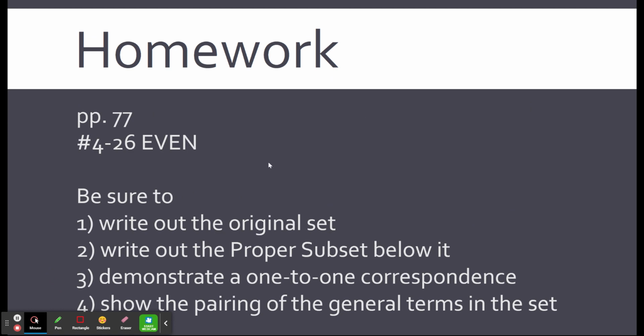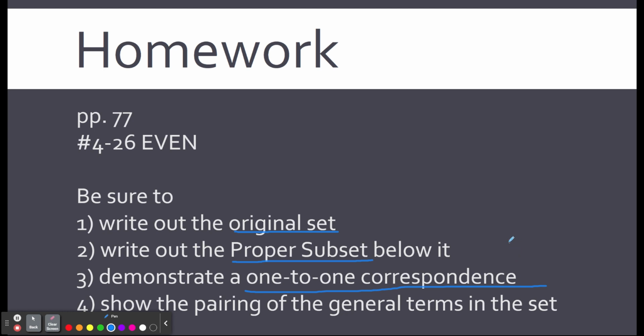That's pretty much it. If you want to read through a couple more examples, you're welcome to do so, but the homework is a one-pager. It's only a handful, but in order to get full credit, you will need to do these things. Be sure you write out the original set, which you'll see listed in the homework. Below it, write out the proper subset. Make sure that you're finding some way that they correspond. How do they correspond to each other?